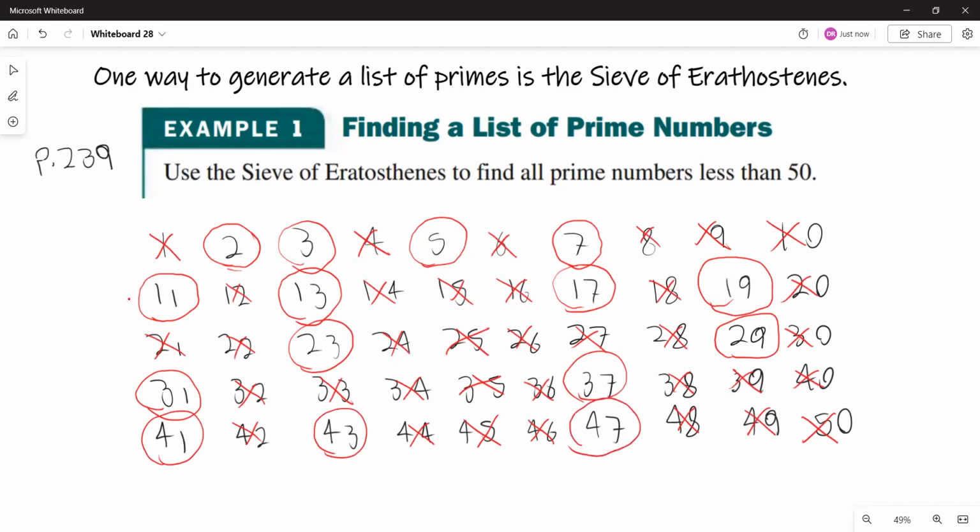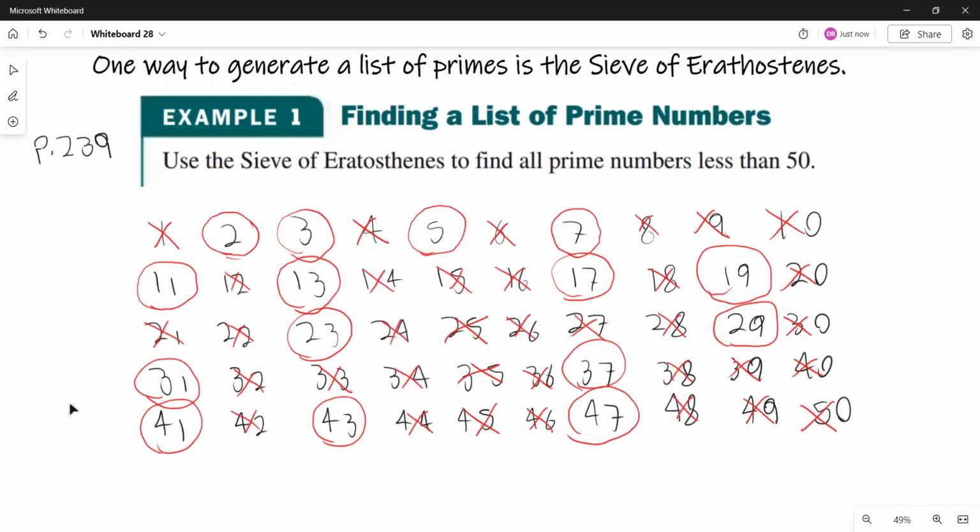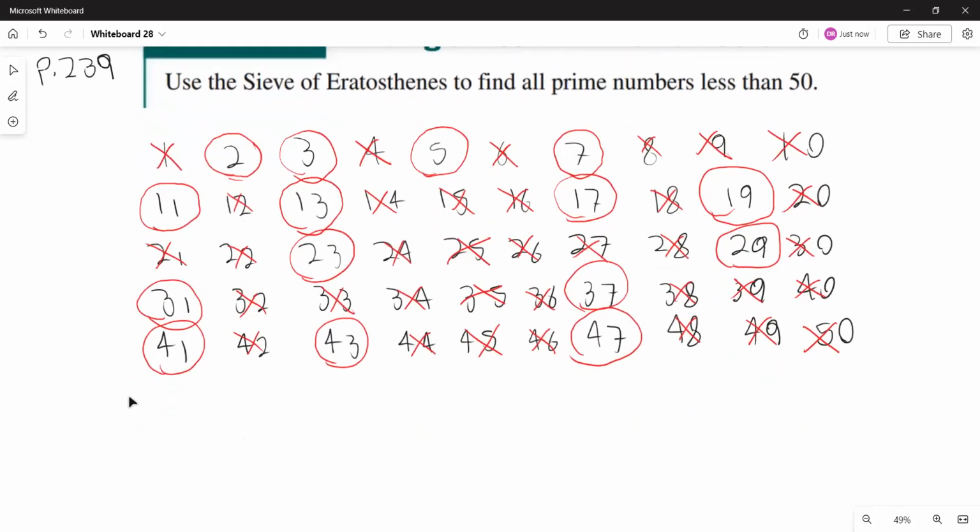Okay, so the prime numbers less than 50. Now I'm going to write those as a list.